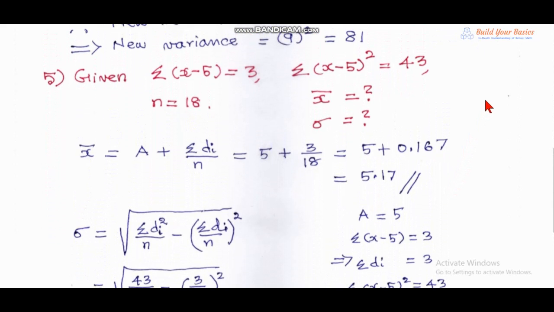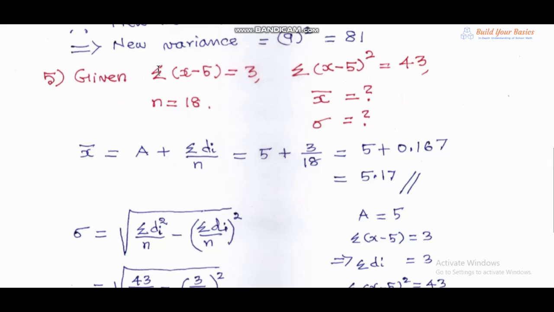Unit exercise 8, question number 5. If for a distribution sigma x minus 5 equals 3, sigma x minus 5 whole squared equals 43, and total number of observations is 18, find the mean and standard deviation.